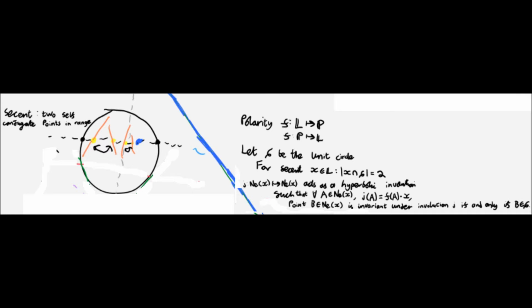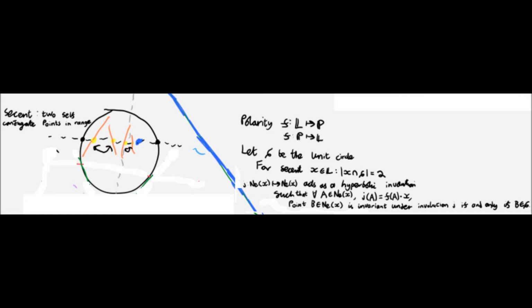That's the place where the image of this point A intersects with our line. We can do a similar thing for every member of the range of this line x. And essentially we can then visualize the thing as a mapping from the range of x to the range of x. I've written it as J here, which sends a point capital A to the point f of A meets little x.